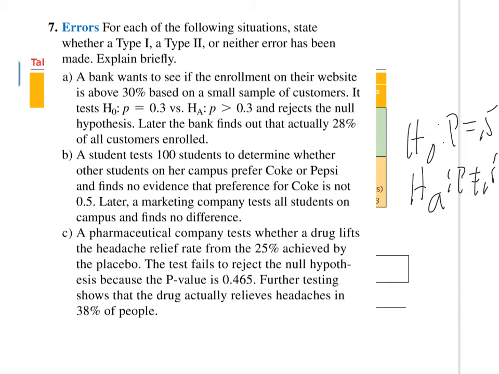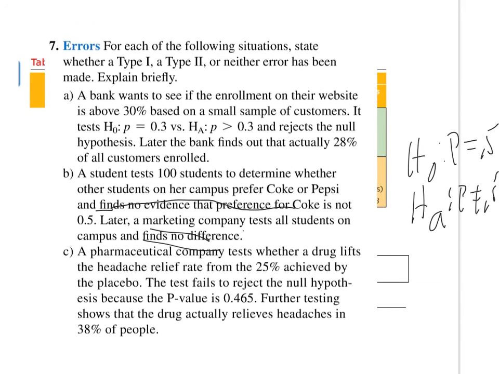They're saying they found no evidence, and then the marketing company also found no evidence. So the student didn't reject H0.